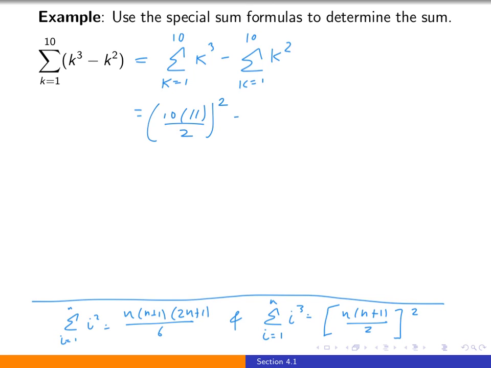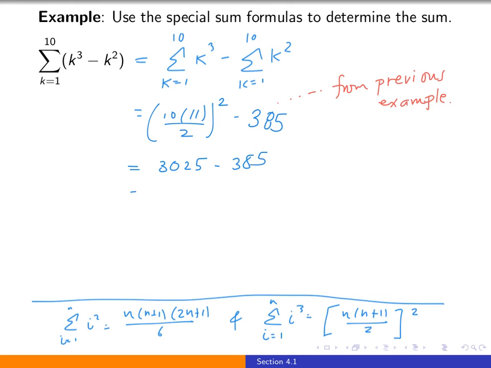And then we subtract away the sum from k equals 1 to 10 of k squared. But if you look back at our previous example, that was the sum that we calculated. So this is just 385, and that is from the previous example. And if we go ahead and evaluate this, it would be 3,025 minus 385, which is 2,640.